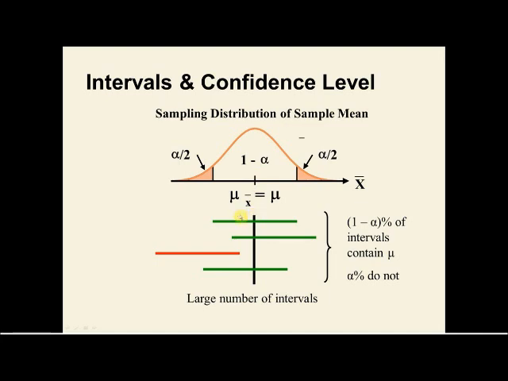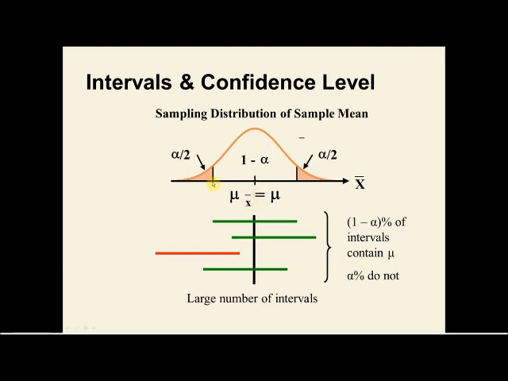So the question we have is, given an x bar, what size interval could we get so that we know that we capture this mu 1 minus alpha percent of the time, or equivalently, we don't capture it alpha percent of the time? So let's say that we want to figure that out. If it's bell-shaped like this, then we want to capture this center point here.